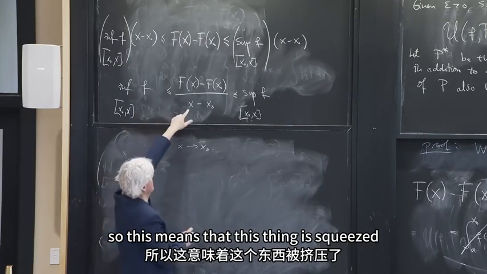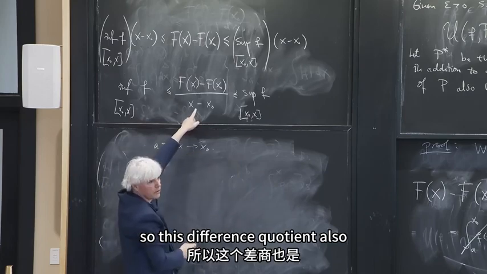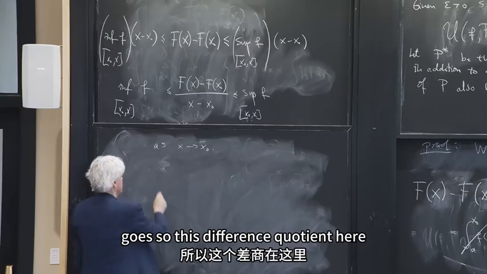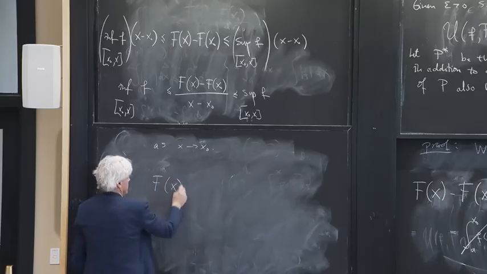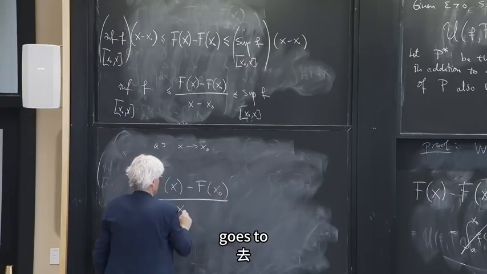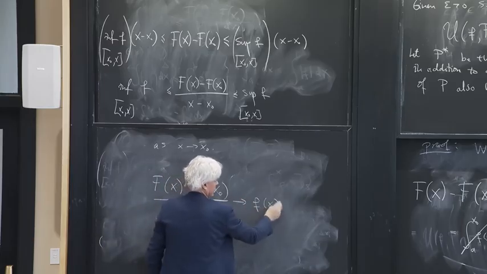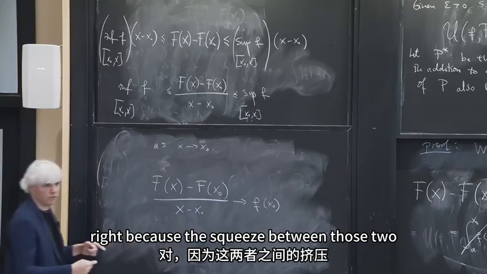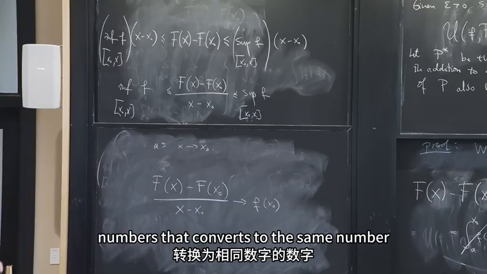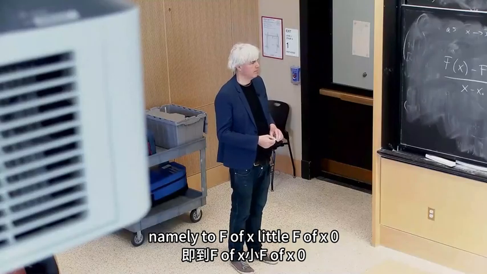So this means that this thing is squeezed between these two numbers that go to the same number. So this difference quotient here goes to f of x0, because it's squeezed between those two numbers that converge to the same number, namely little f of x0.